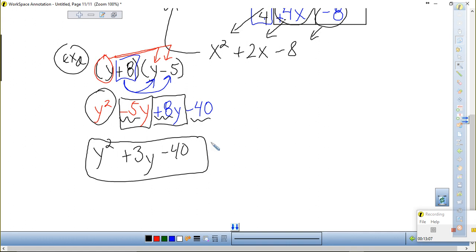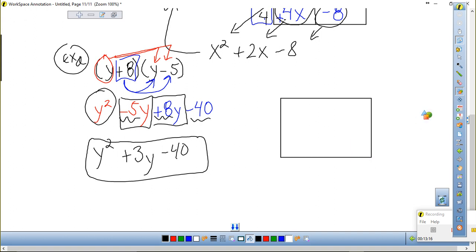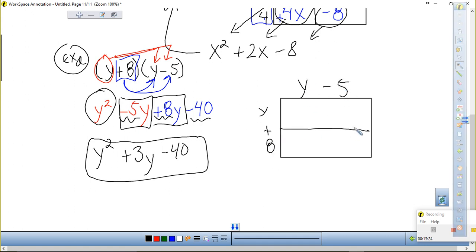Okay, good. Area model. Here goes the area model. Y plus 8, y minus 5, one across, one down, and once again, y times y, y squared, y times negative 5, negative 5y.